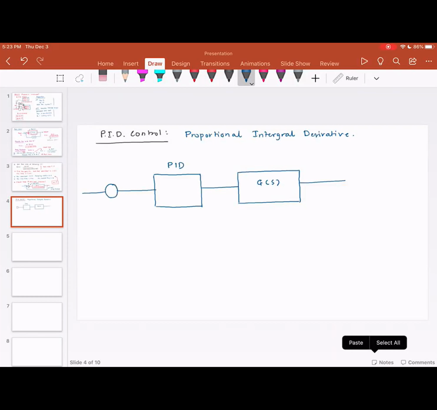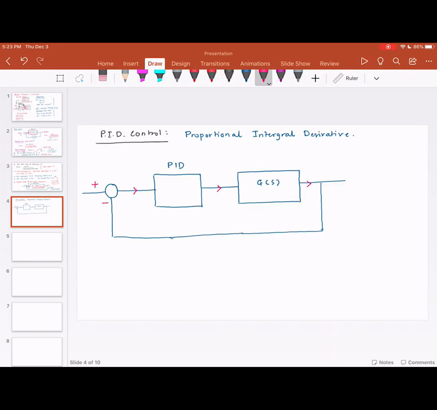And I will have a feedback. And for the sake of simplicity, I'm going to assume a unity feedback. So this is negative, this is positive, and this is how the system goes.